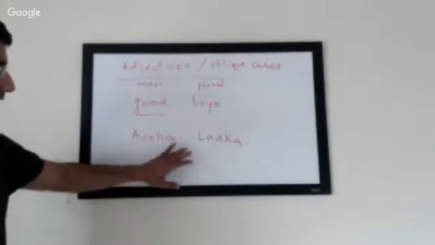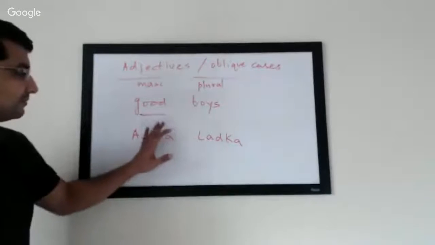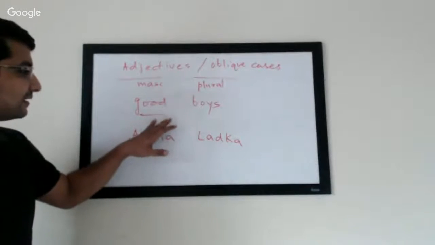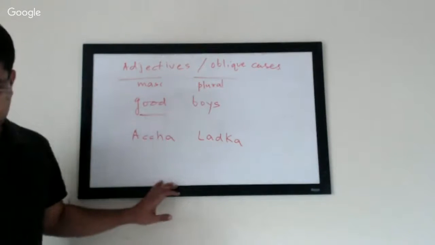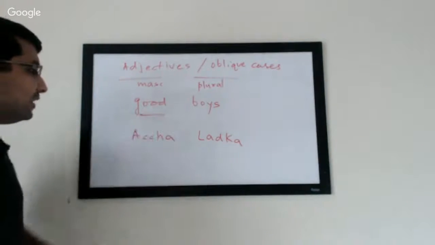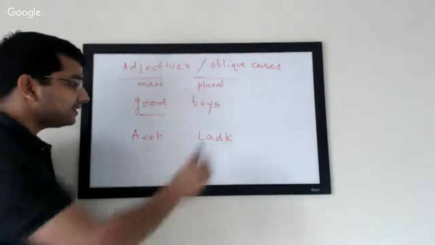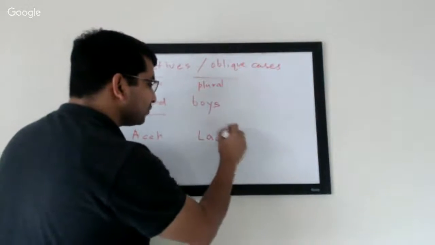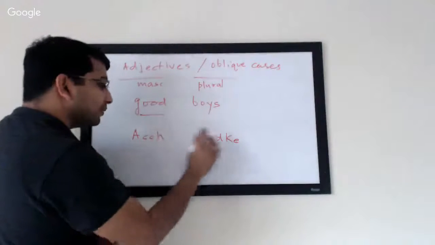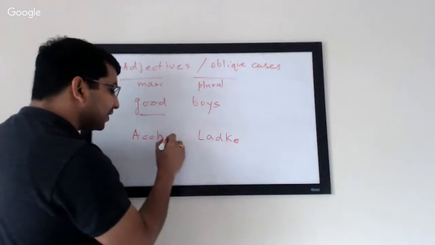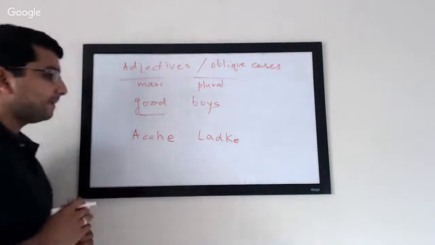There's no oblique case here. This is just the simple case. The only interesting thing here is boys. It's straightforward, ladke. There's no problem here. But because it's boys, it becomes अच्छे लड़के.